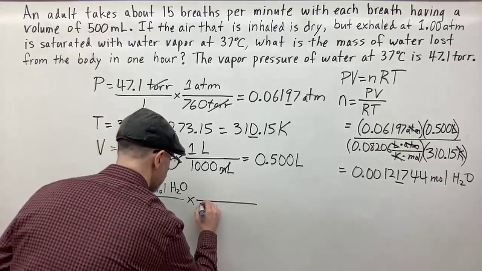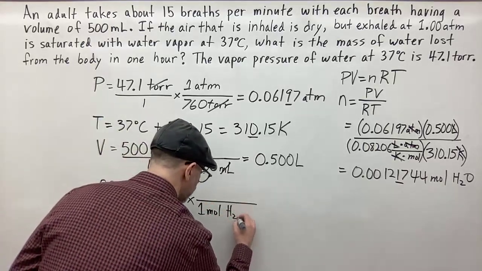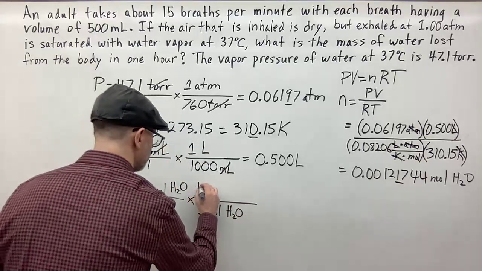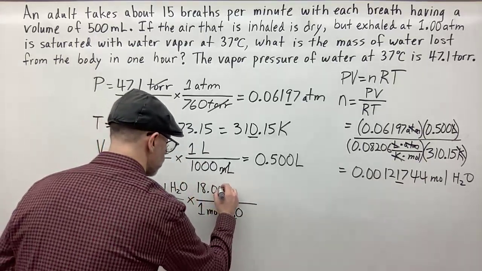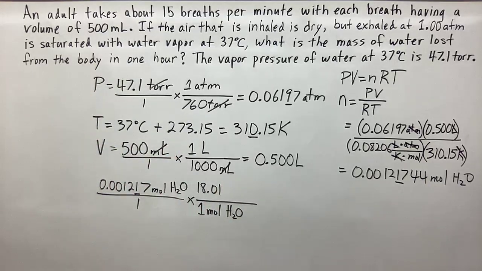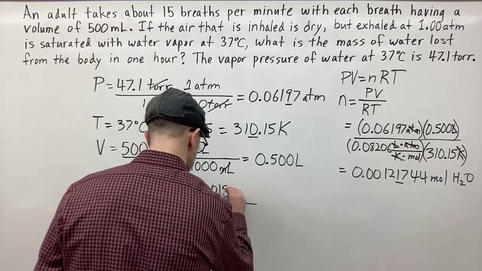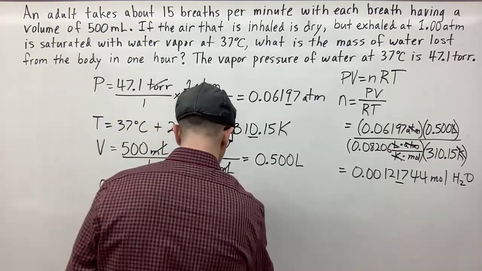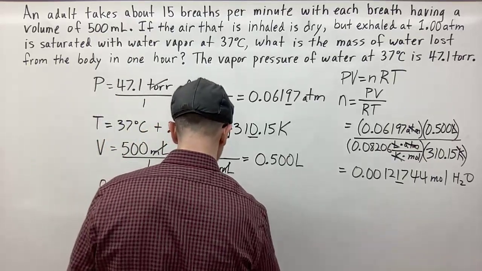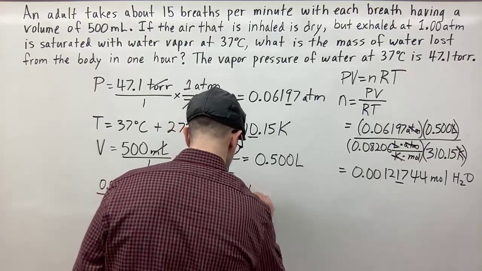And so here I'm going to put 1 mole of water. On the top I'm going to put 18.016, I believe. 18.02, yeah, I guess, something like that. And that's going to be grams of water.